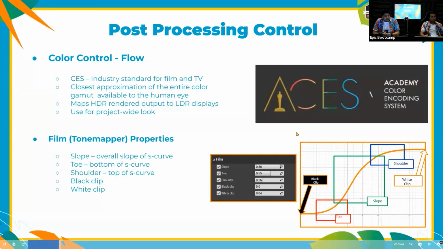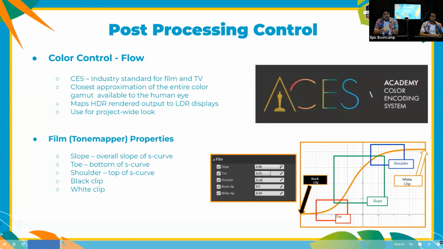Inside this, we will find out that Unreal Engine already comes with a post-processing color flow that is fairly accurate to what we understand inside the academy. And this is because Unreal uses ACES by default. We can see it applied inside the film tone mapper properties that is added to our post-processing volume.